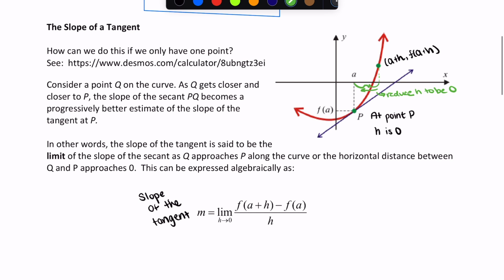Okay, so the equation again for the slope of the tangent is the limit as h approaches 0 of f of a plus h minus f of a over h.